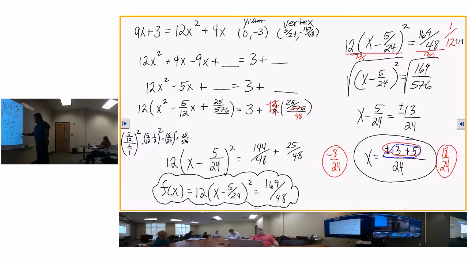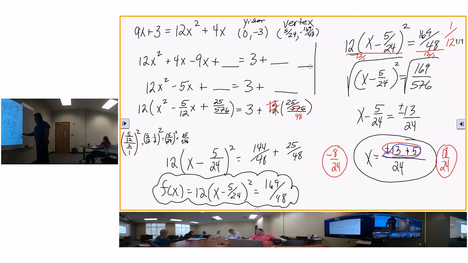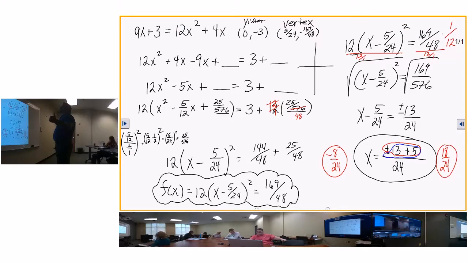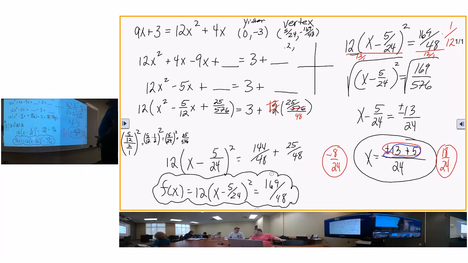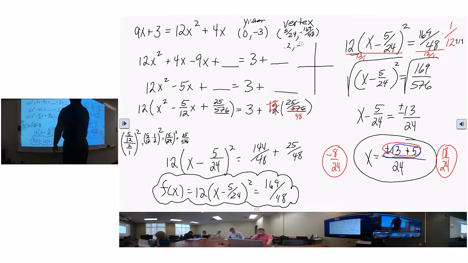So, we got our handy-dandy, very small graph right here. 5 over 24, well, 5 over 25 would be 1/5, which is 0.2. So that's 0.2-ish. And 169 over 48, I have no earthly idea, but I'd say it's around 3. 3 times 48 is 144 and 150, so it's 3. It's not 4. So it'd be 3.5. Negative 3.5.